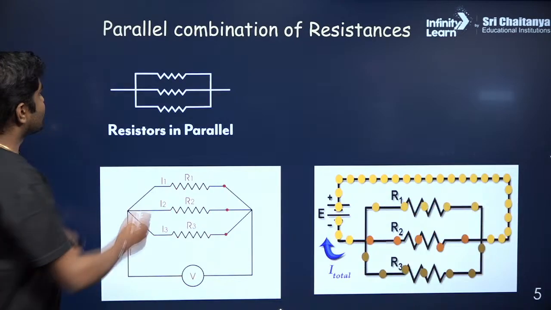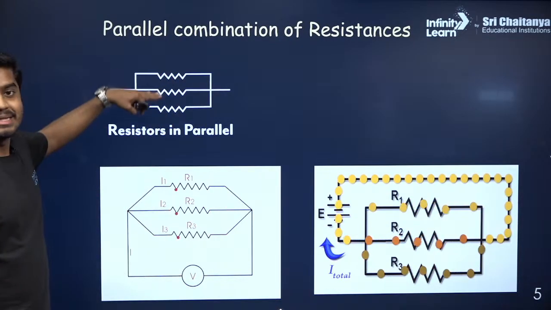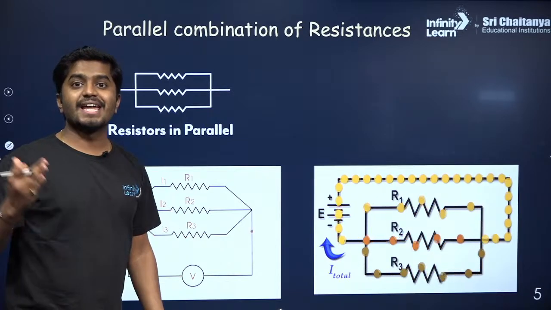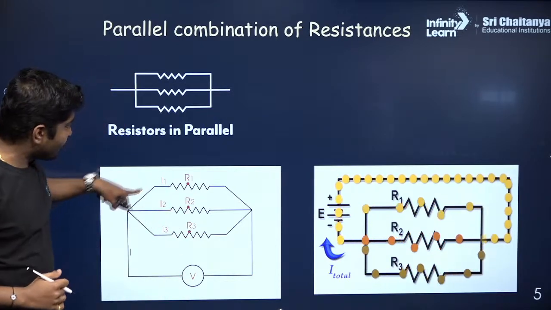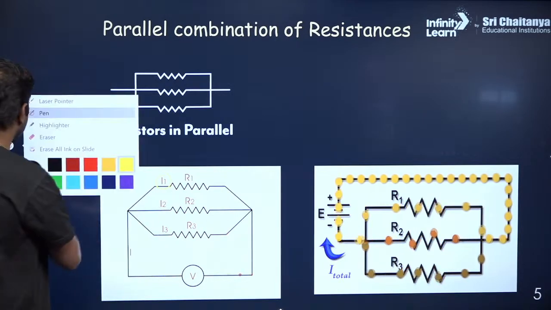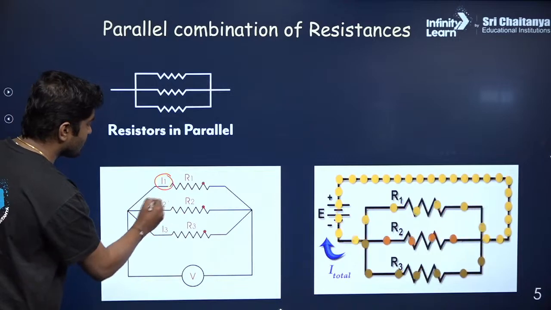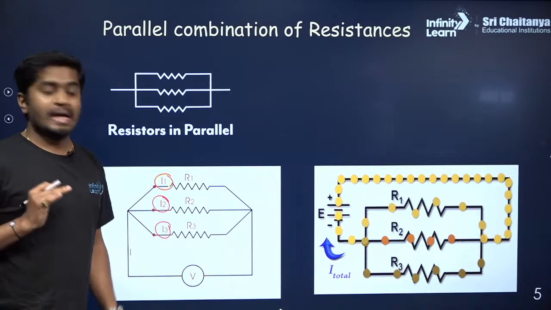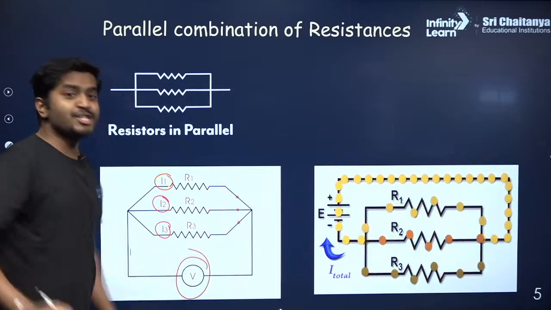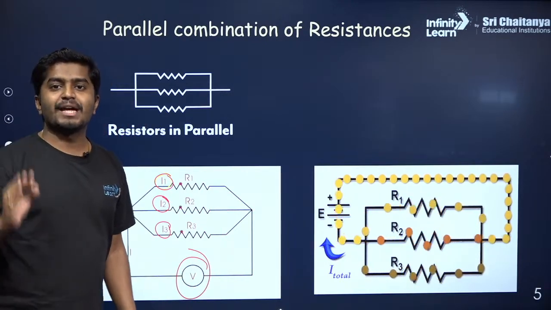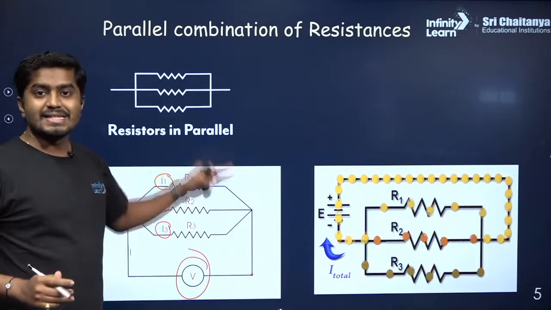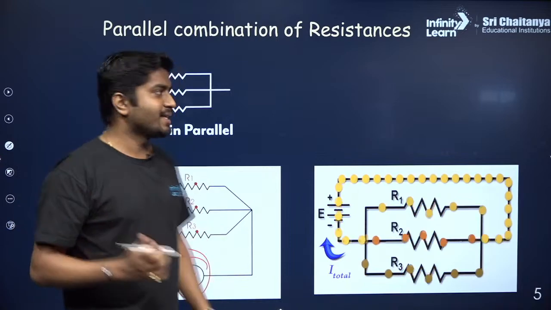So now the resistances, you see these are in parallel. How will you tell if the resistances are arranged in parallel? When the resistances are in parallel, the current values will be different. But what is constant here? It is the potential. Voltage will be constant. So how do you determine whether the resistors are arranged in parallel or series?